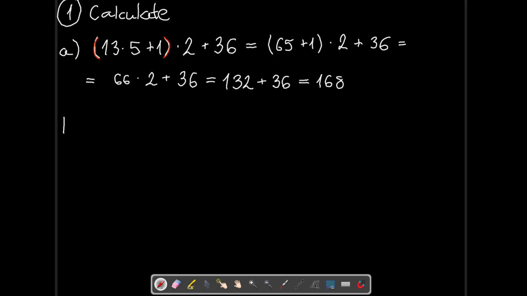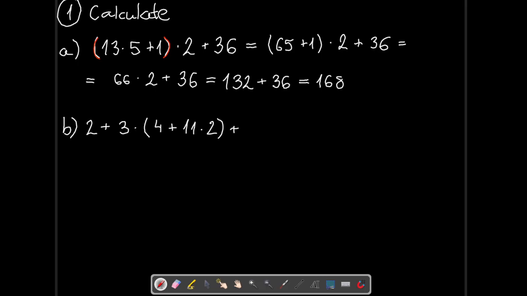Let's move to the example B. Now these examples will be very similar. We'll pretty much need to do a very similar thing in these examples.